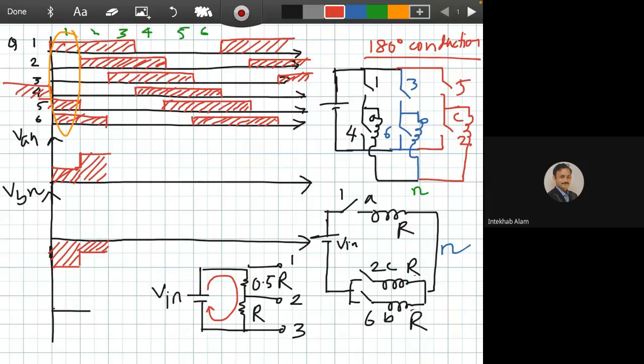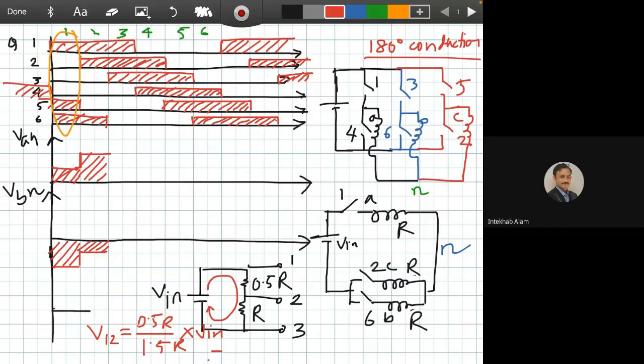Using KVL, there is a voltage division rule. Can you recall that part? So V12, that means voltage between point 1 and point 2, is total resistance 1.5 R, and resistance between 1 and 2 is 0.5 R, and we have to multiply it with V in.